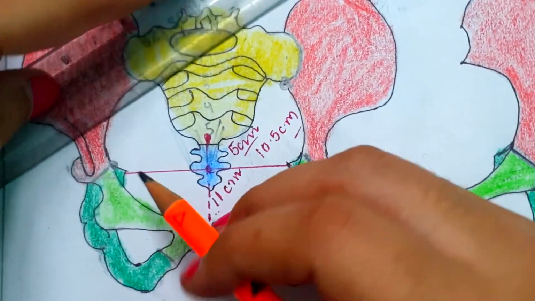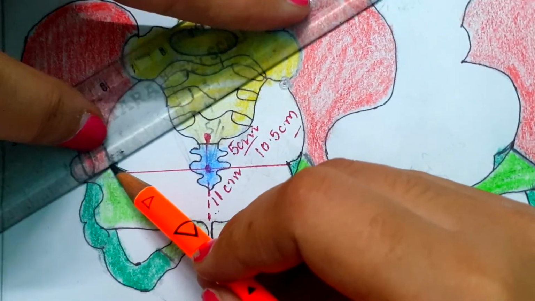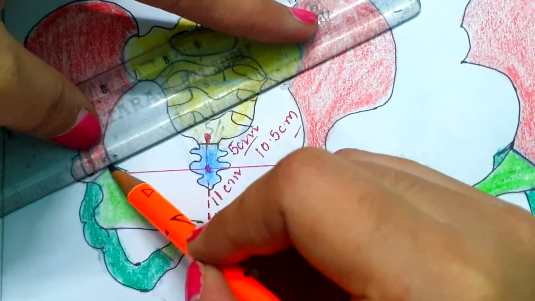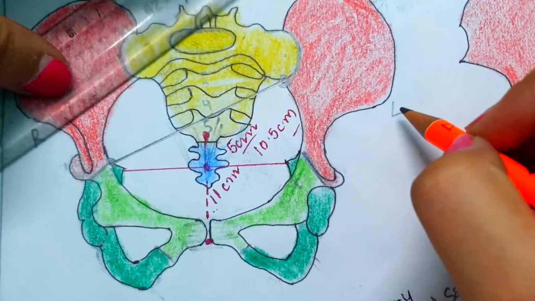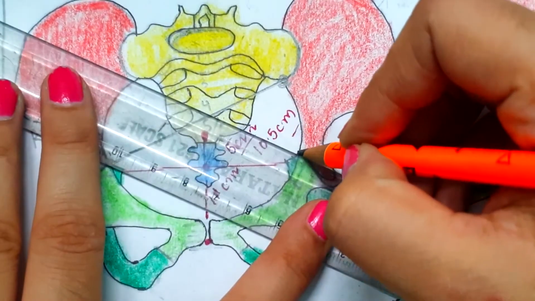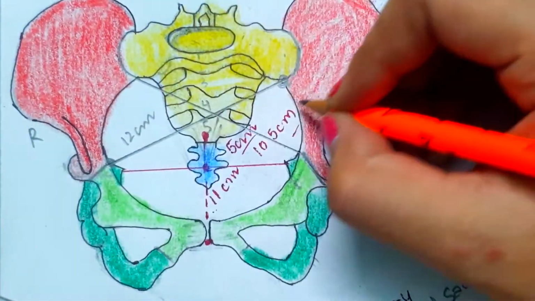The diameter which extends from the iliopubic eminence to the sacroiliac joint is the oblique diameter of the pelvic inlet. This is the right side, this is the left side, and this diameter can be taken from both sides, and it is 12 centimeter on both sides.